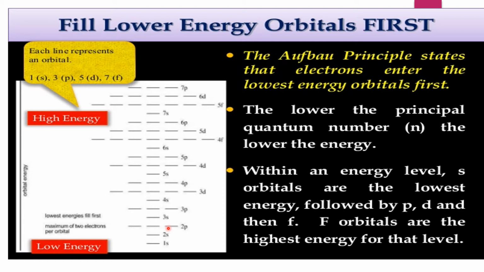Again in the second orbit, within the second orbit, 2s is filled first, after then 2p is filled. So when these two orbits, first orbit and second orbit, are completely filled, then electrons enter into the third orbit. Okay, now let's see how this filling takes place.